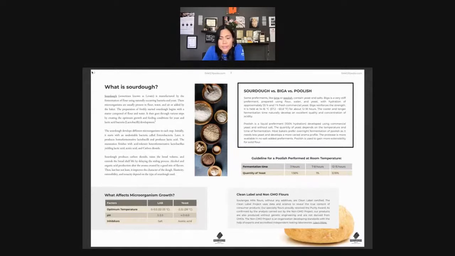You test it at 8 hours, you test it at 10 hours, you test the solidity of your dough, your sponge, and you make it more solids, less solids, firmer, or you make your poolish more watery.